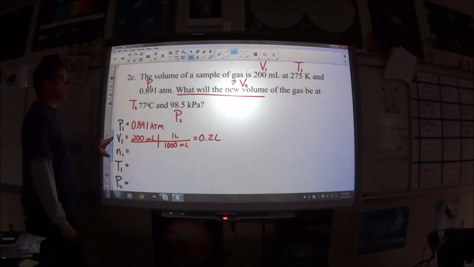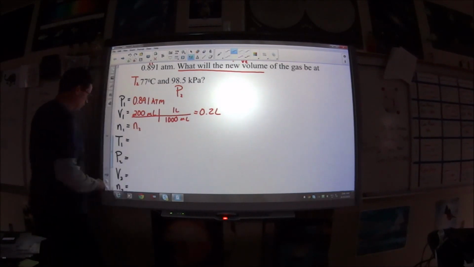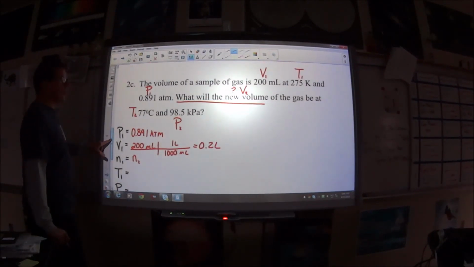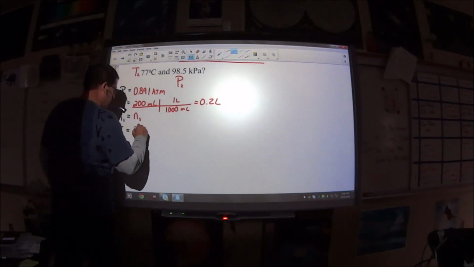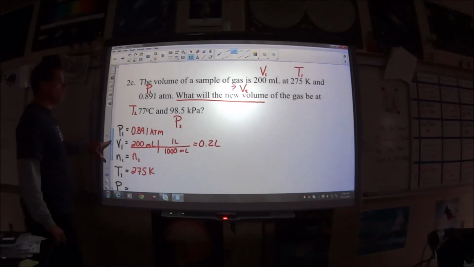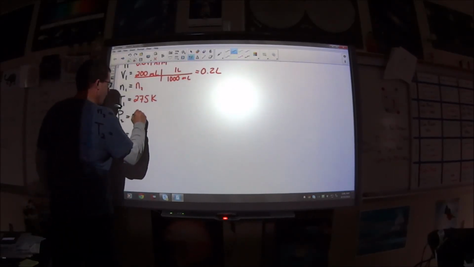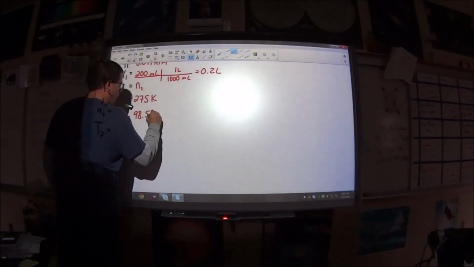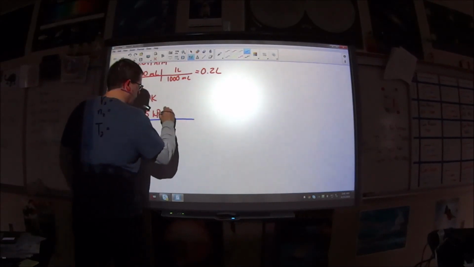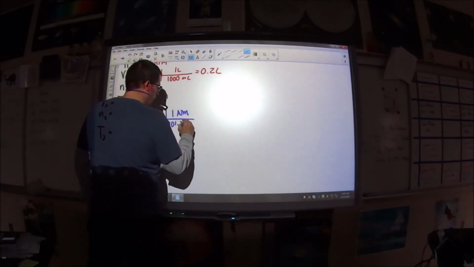My N1, I don't mention anything about it, so I'm going to say that it's equal to N2. And that is a safe assumption. And then T1 is 275 Kelvin. My P2 is 98.5 kilopascals. And I am actually going to convert that to atmospheres because I am a big fan of atmospheres. So divide by 101.325.